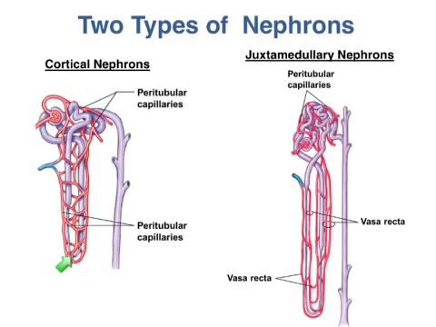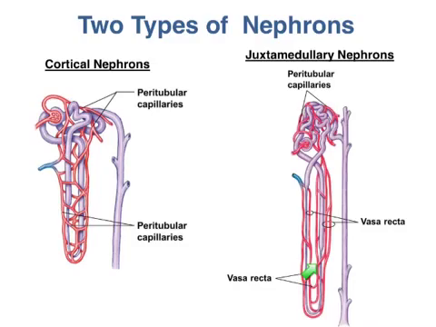The deepest part of the loop of Henle is located in the medulla. Juxtamedullary nephrons, as you might guess from the name, are located at the junction between the cortex and the medulla. So they're right at the border between those two regions of the kidney. And the loops of Henle are much longer and go much deeper into the medulla.